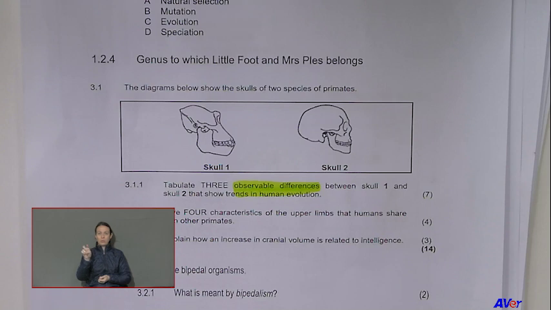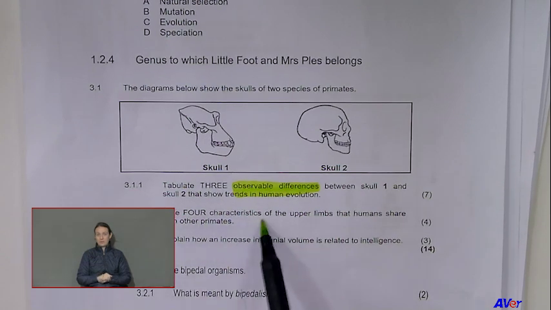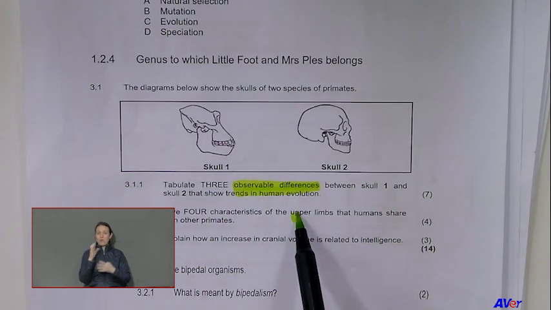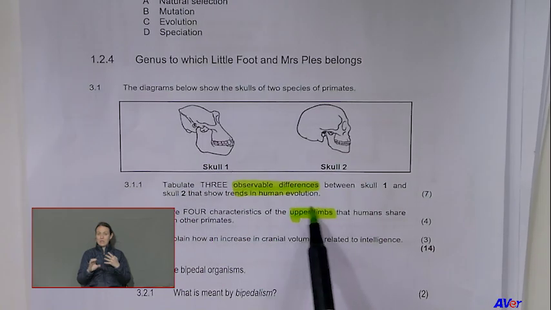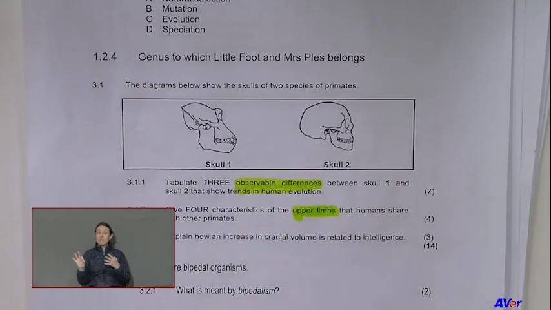It says give 4 characteristics of the upper limb. What is the upper limb? The upper limb is from here up until here.